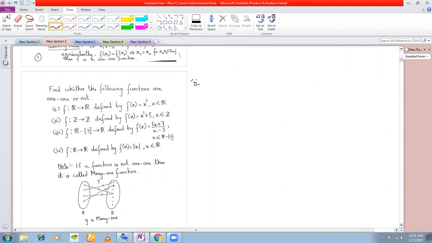Second one. Given f: Z to Z, that is the set of integers. So here the set A is Z and the set B is also Z, set of integers, right?